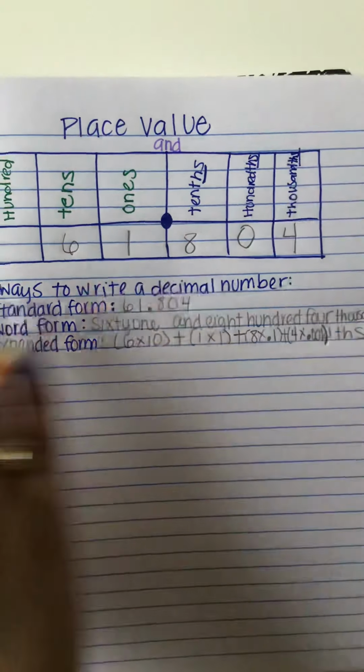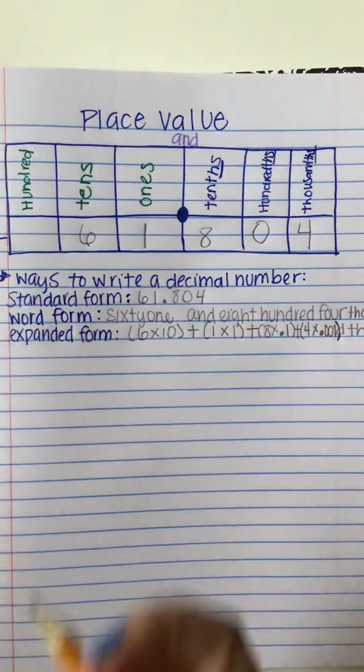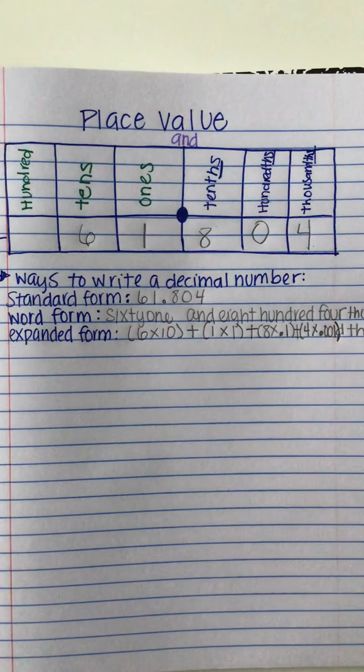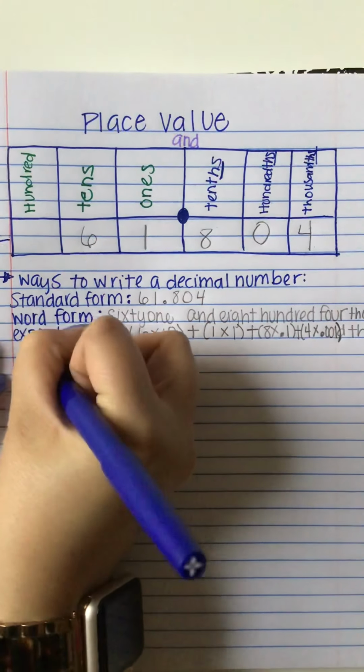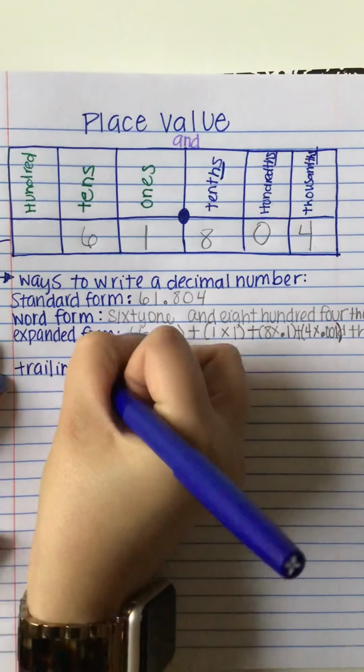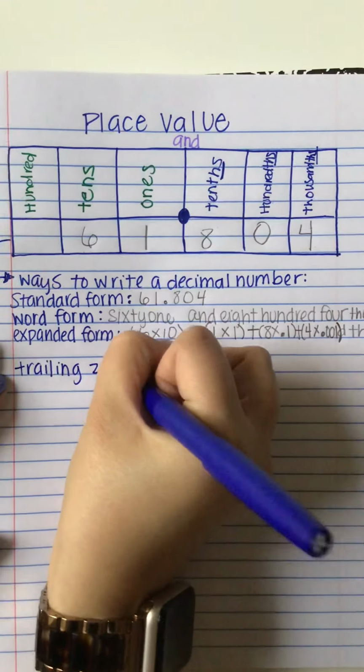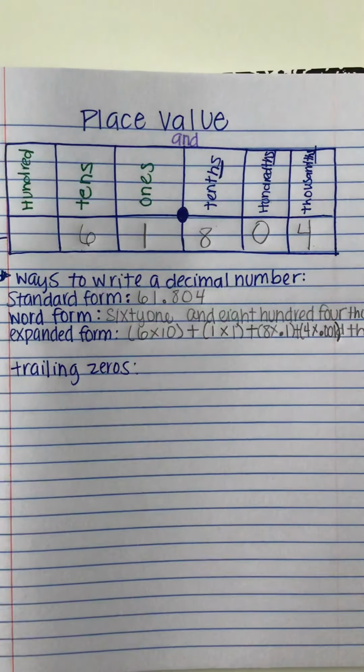Okay, so next we're going to talk about one of the rules, and that is my trailing zeros. So whenever something is trailing, that means that it's behind.